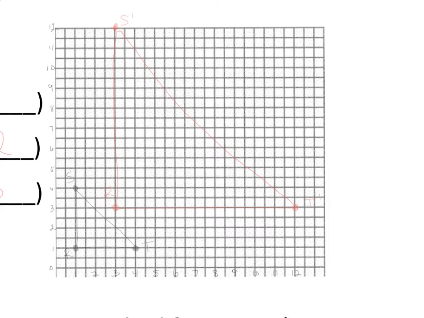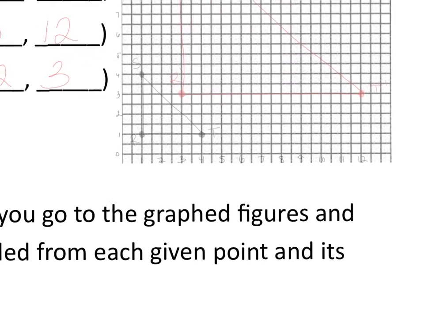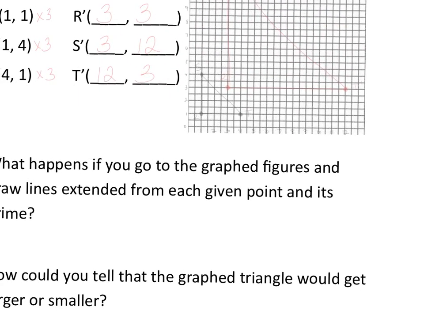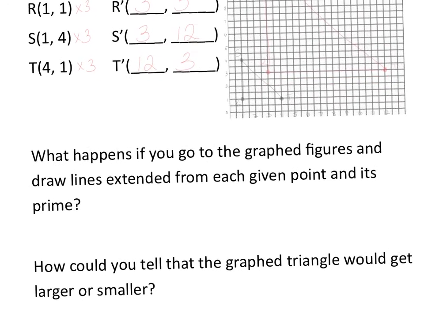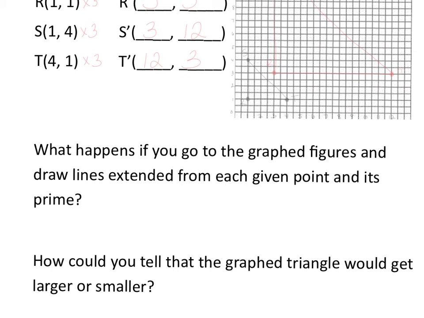We then have 2 questions at the bottom of our page. The first one says, what happens if you go to the graph figures and draw lines extended from each of the given points to its prime? Meaning, if we connected R and R prime, or S and S prime, and T and T prime, what would happen? They would go through the origin.